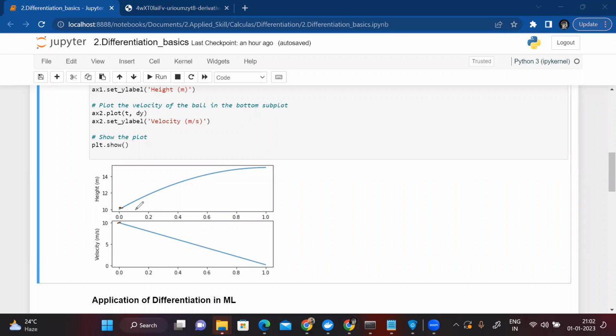As time is increasing, you can see your height is increasing. It's very obvious: if the ball goes up, velocity is not going to increase, it will start decreasing, and it will reach some point. At that point the ball will start dropping. It's very easy, you can see now your velocity will start going negative.